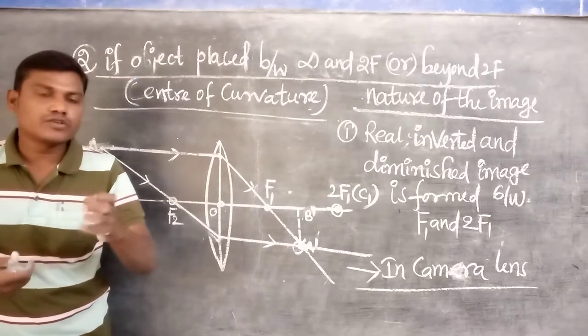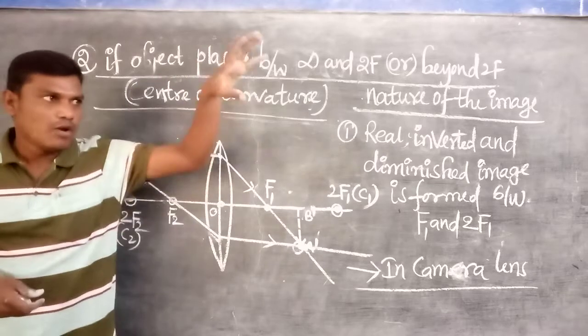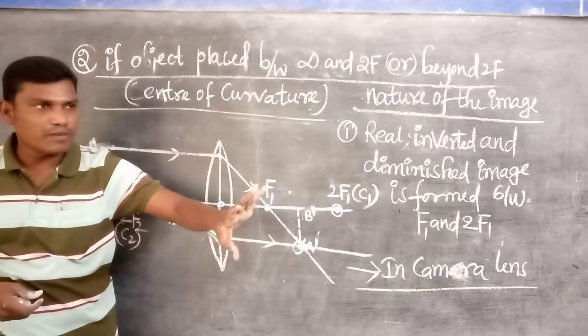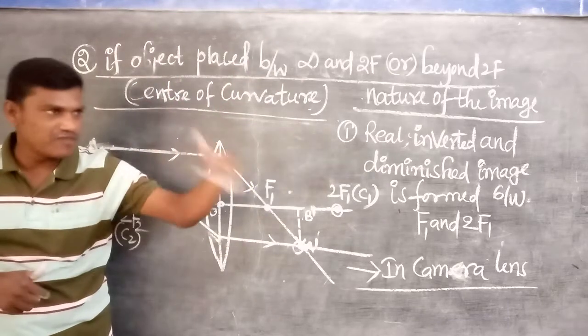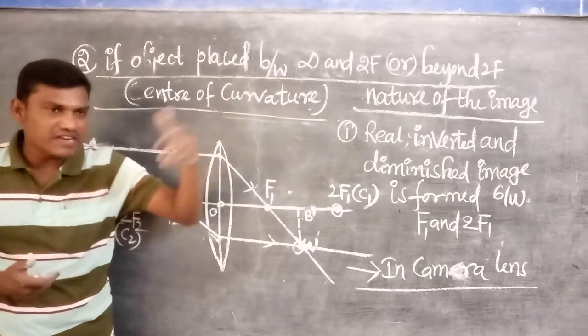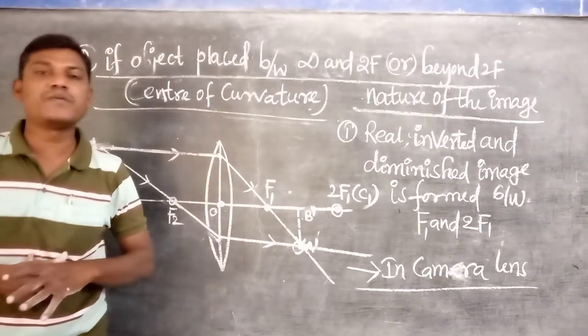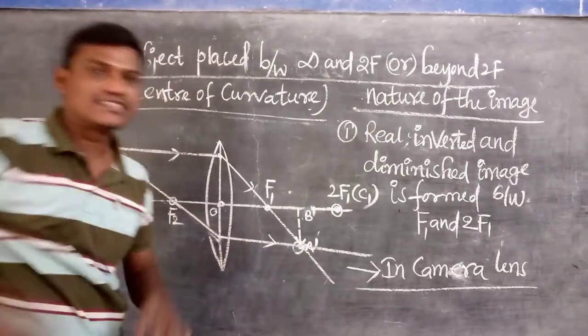Actually the object size is, for example, 6 feet, meaning the height of the person during the photograph is 6 feet or 5 feet or whatever that may be. But after taking the photograph, you observe that the image will be diminished. Diminished is nothing but the size will be decreased. Is it correct or not?